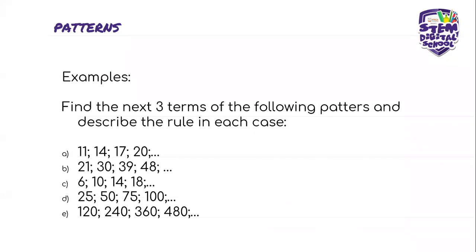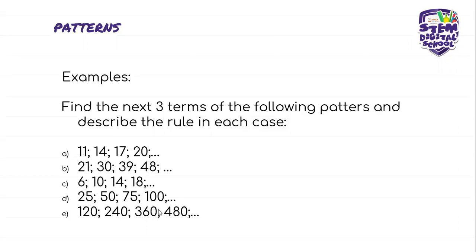It does not always mean that you have to subtract. In this case, you can see the numbers 120, 240, 360, if you cannot see it by inspection, the first step is to subtract the previous number from the next number. And then you do the same with the next two terms, and then the next three as well.